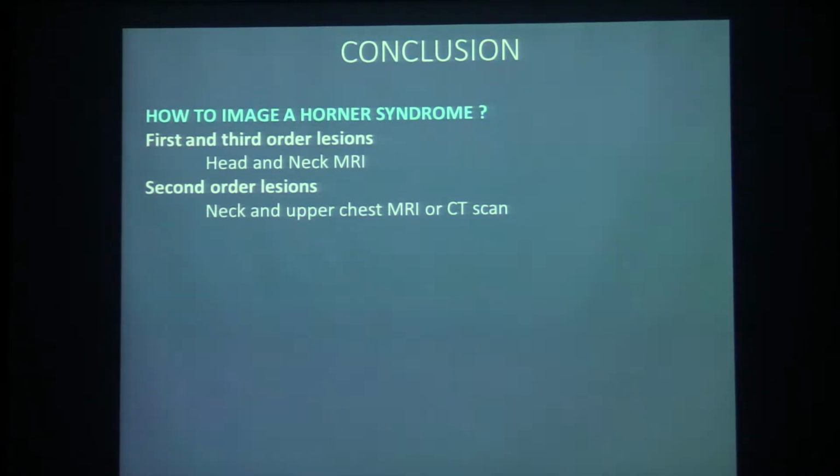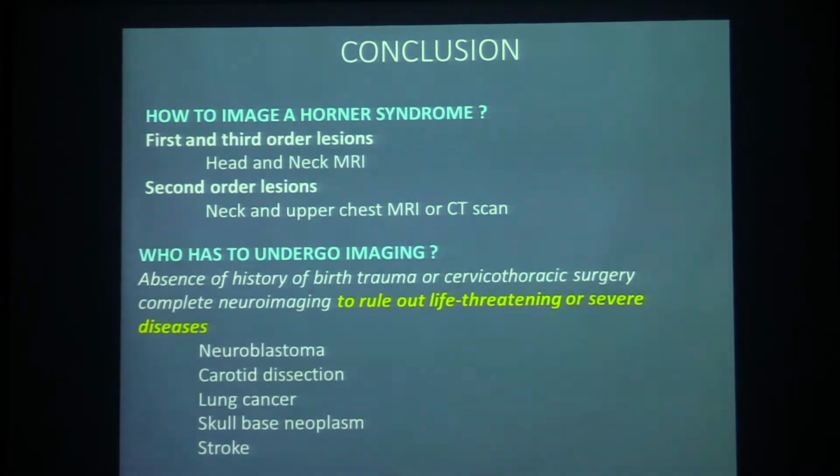And who is going to undergo this imaging? Of course, not the patient that has an obvious cause, like the patient that has been operated, but the patient that has a Horner syndrome that appeared without obvious cause, because it can reveal a life-threatening disease.